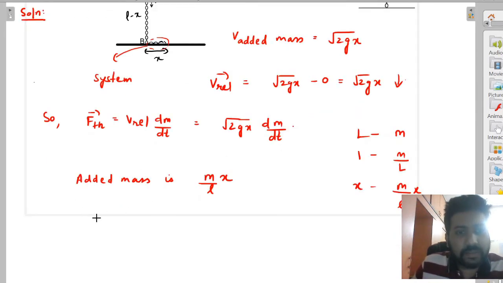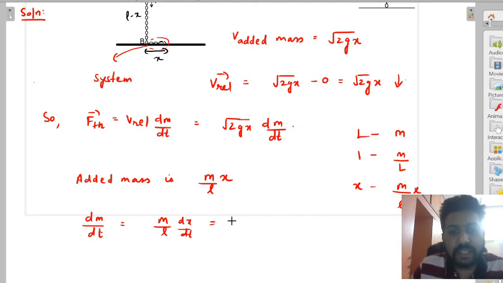Now the rate at which mass is added, dm by dt, will be equal to m by L, which is a constant, times dx by dt, since x is changing. The rate at which x is changing is basically the velocity. So it is m by L into root 2gx, because this is the velocity of the added mass.